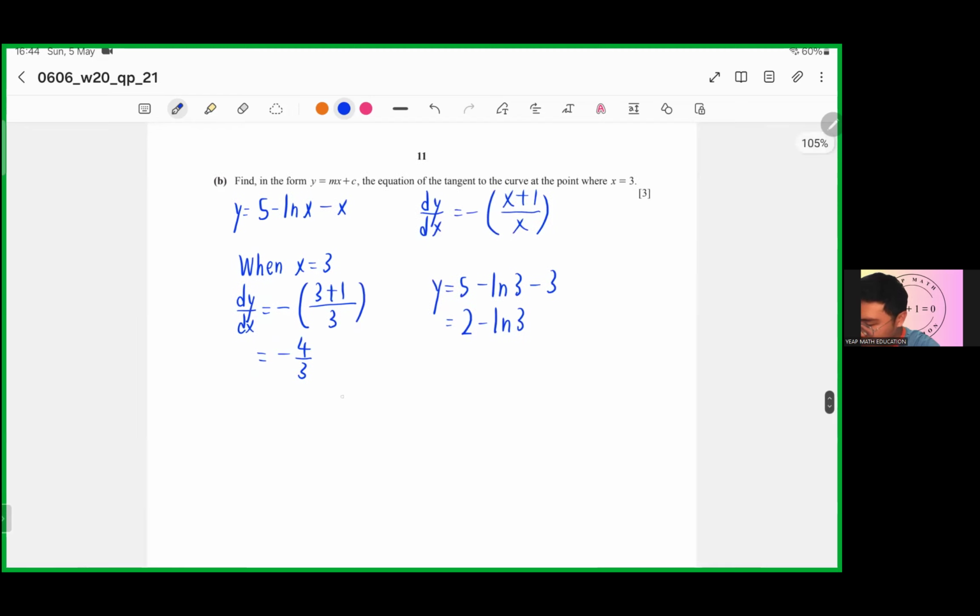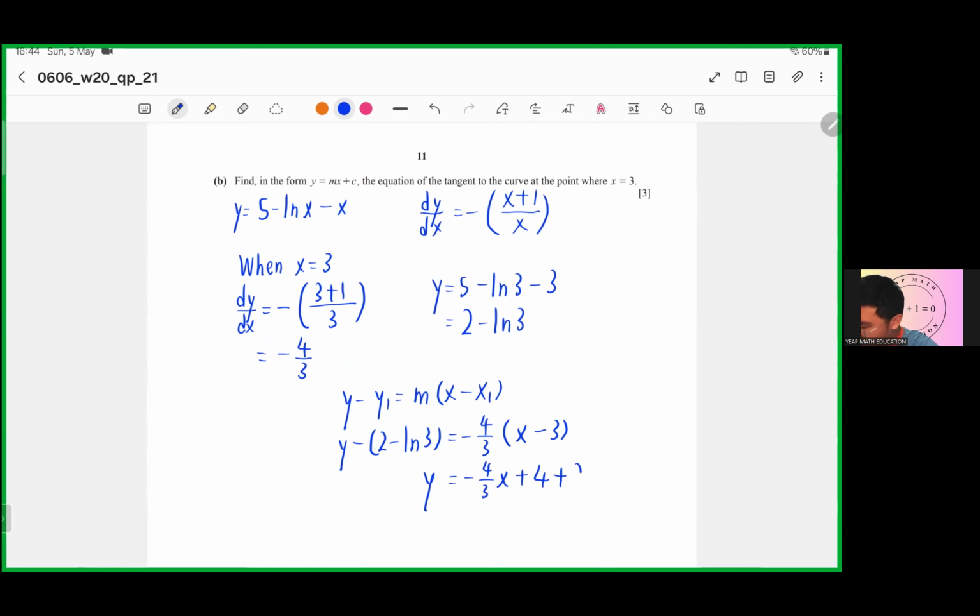And then we can put y minus y1 equals m(x minus x1). So y minus (2 minus ln 3) equals negative 4 over 3 (x minus 3). So negative 4 over 3 x plus 4, plus 2 minus ln 3.